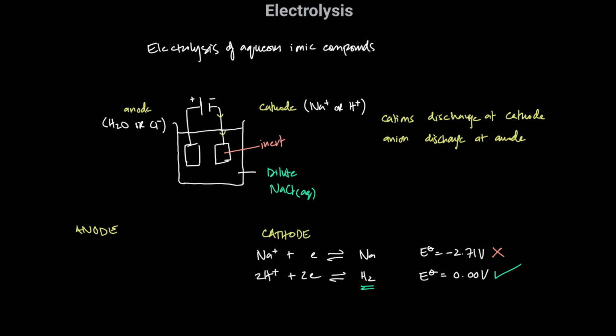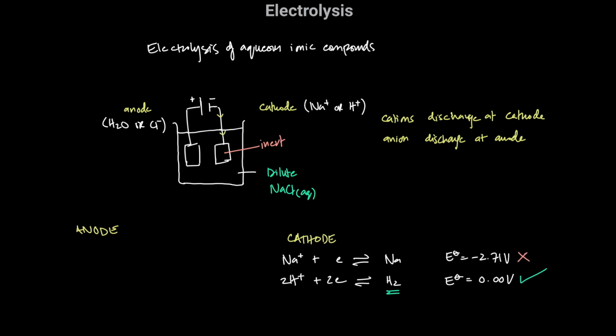For the discharge of oxygen gas from H2O, we have the following equation: 2H2O gives us 4H plus, plus O2, plus 4 electrons. So this is the discharge of oxygen at the anode.